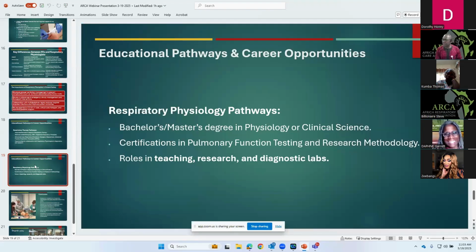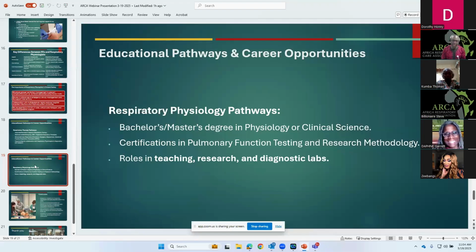Now, for the career path for physiologists, a respiratory physiologist, it's a 4-year program where you can either go to school for 4 years or take an additional year, a 5th year, to get your master's in physiology, or it could be in a clinical science. In the US, we have certifications for people that only perform pulmonary diagnosis, like in the pulmonary function lab.